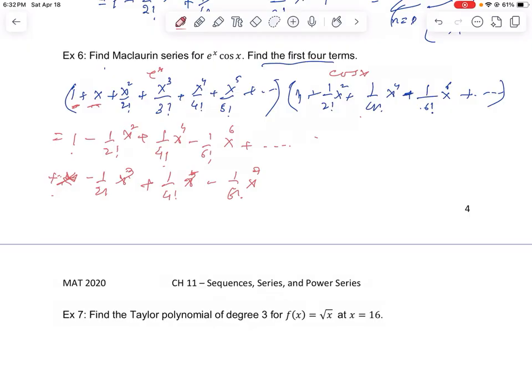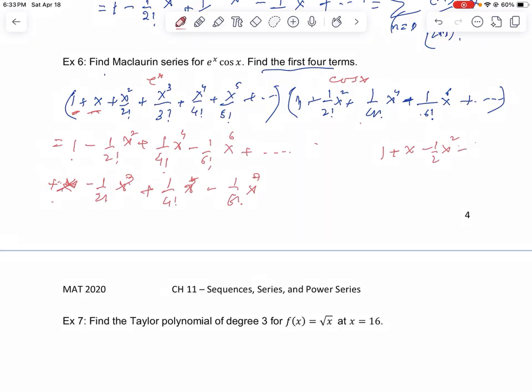So we already have 1 plus x minus 1/2 x squared, and then the x cubed term, minus 1 over 2 factorial x cubed. So these are 4 terms.